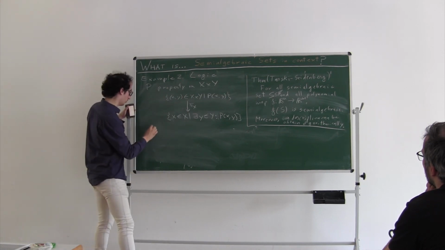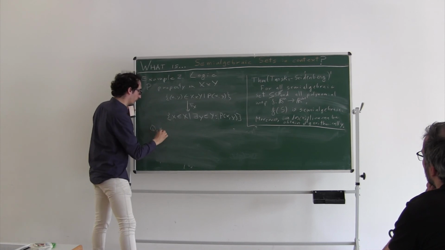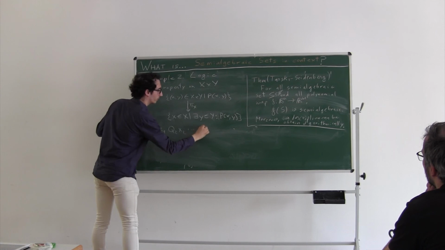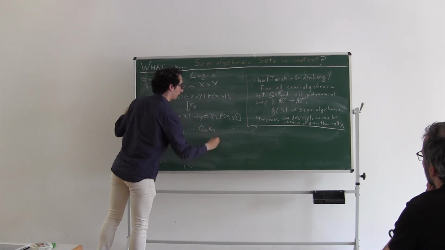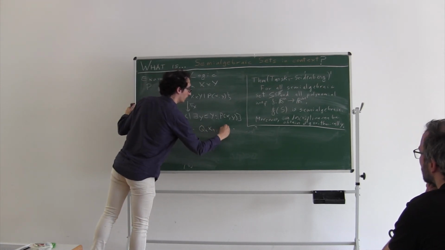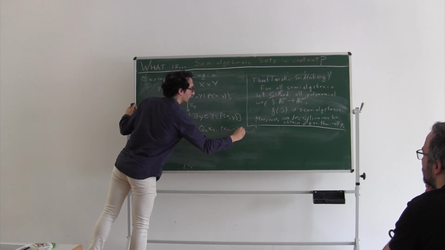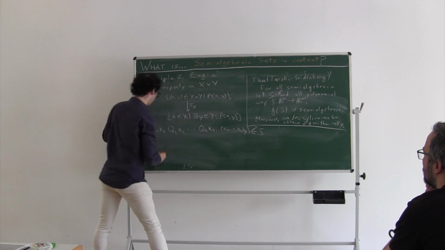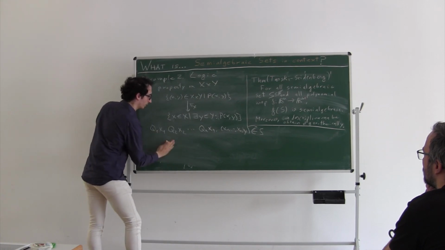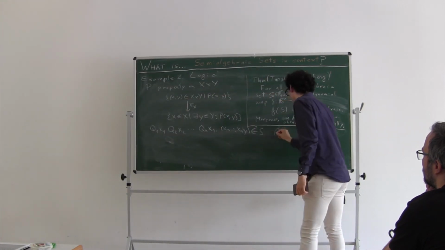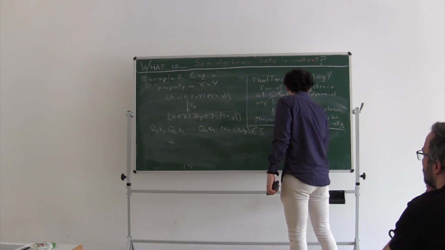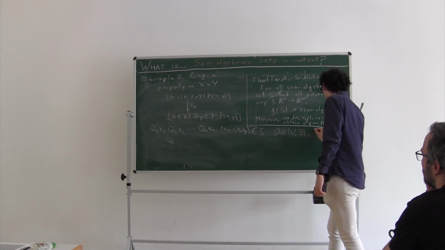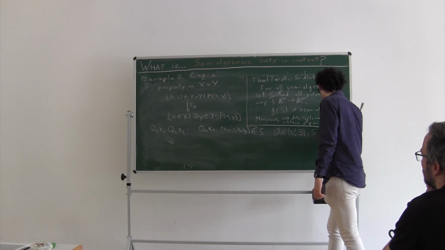So then in general you have sets of this form: Q1 x1, Q2 x2, up to Qn xn, such that (x1, ..., xn, y) belongs to S, where we are assuming that each Qi is either for all or exists, and S is semi-algebraic.